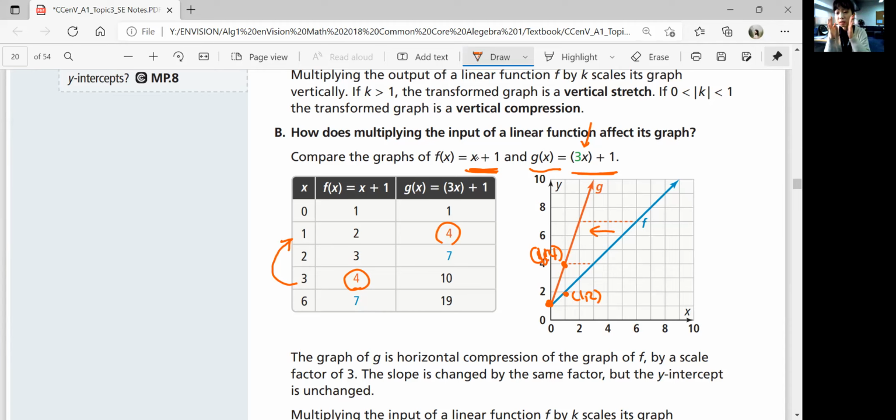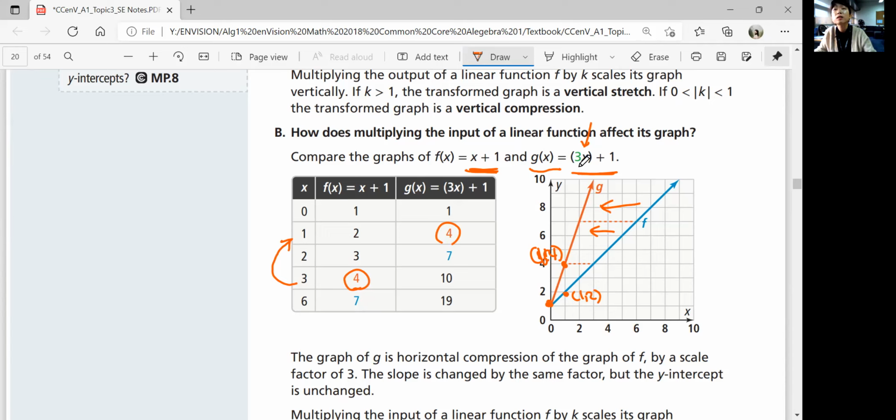Horizontal compressed means it gets compressed horizontally like this, right? So this graph got compressed horizontally. Okay, so if you multiply 3 into the x, that means it's compressed horizontally by the factor of 3. And that is called the scale factor.